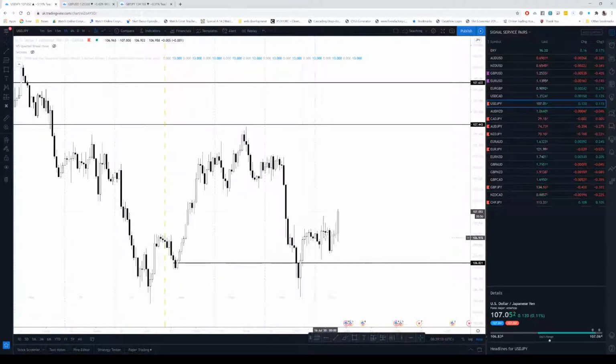So if your strategy is giving you a buy, by all means go for it, but take some profits along the way, because you don't know if price is going to continue to go up. Just make sure you have a stop loss in place, so that when it comes back it can stop you out and you don't lose your account.